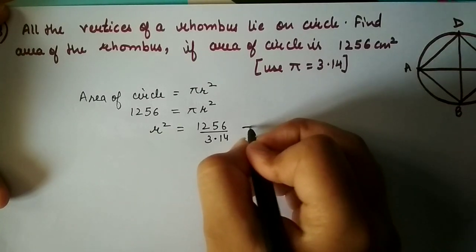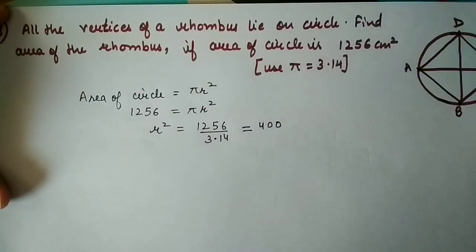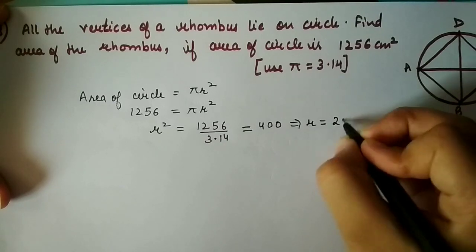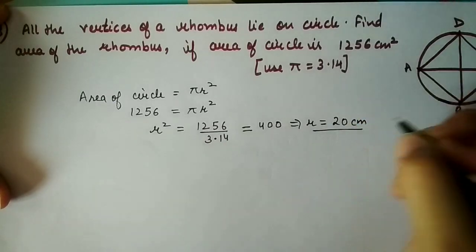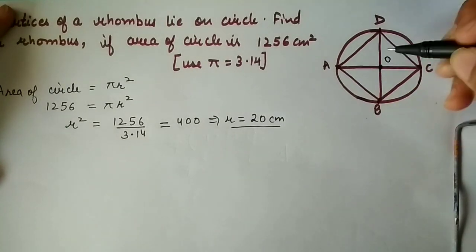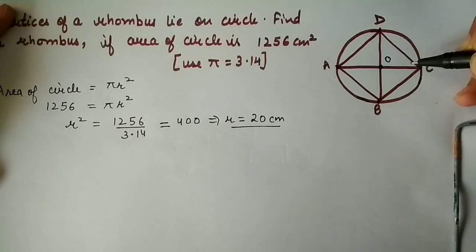On solving this you will get 400. Okay, so r is 20 centimeters. So you got the radius now. Let this point be O. It means OD, OA, OB and OC are 20 centimeters.